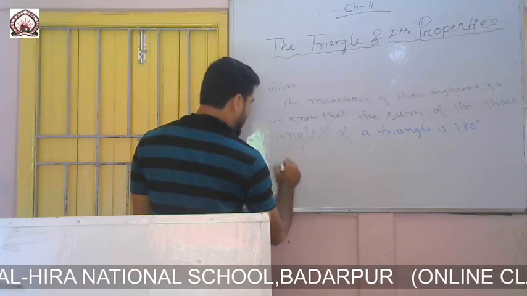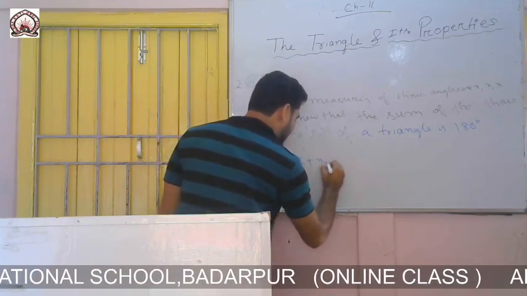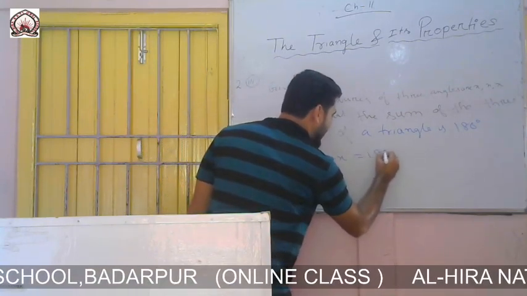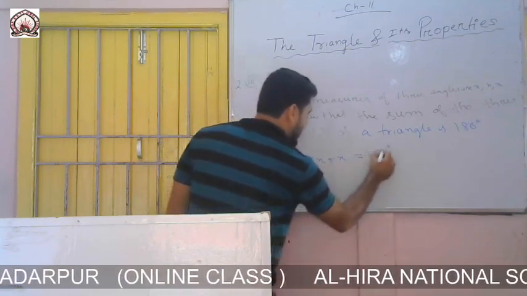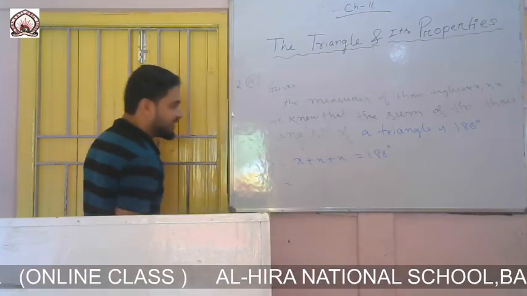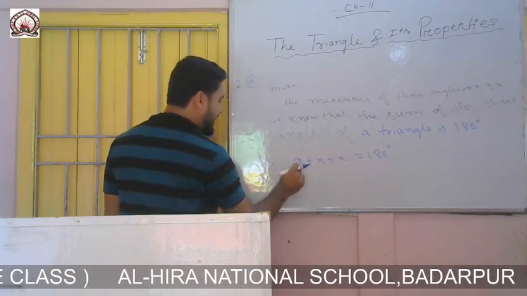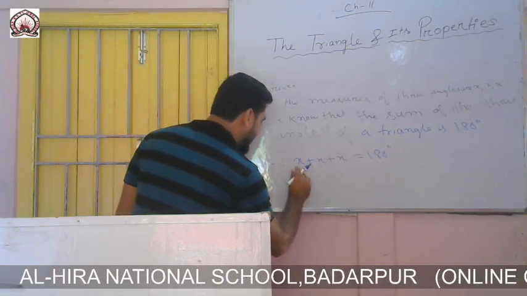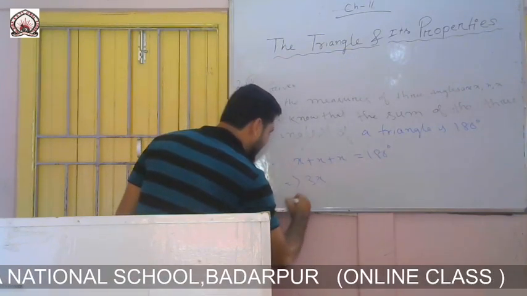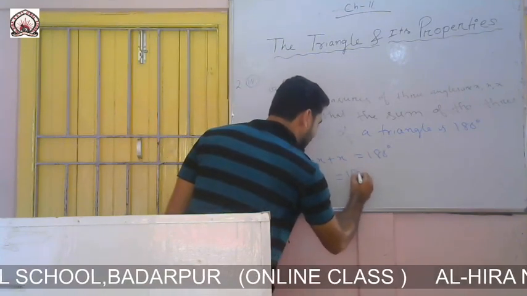Therefore x plus x plus x equals 180 degree. Now if we add, we will get thrice x. So you can write 3x equals 180 degree.